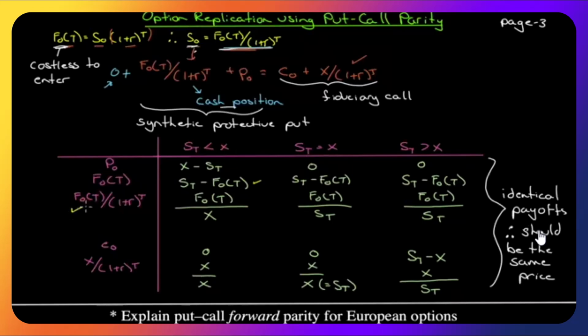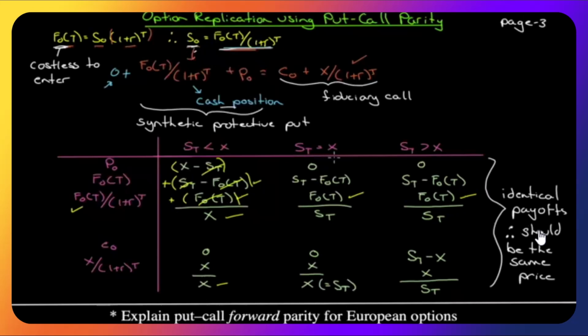And this, since it was a cash position, will always grow to whatever the forward price is. Add them up. X minus ST plus ST minus F naught plus F naught gives you X. The call expires worthless, and you will have the present value of the strike price, which is X.